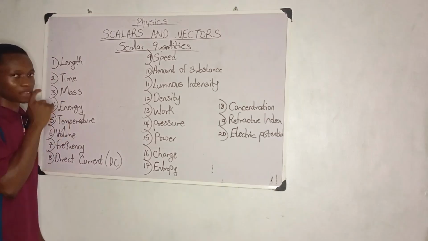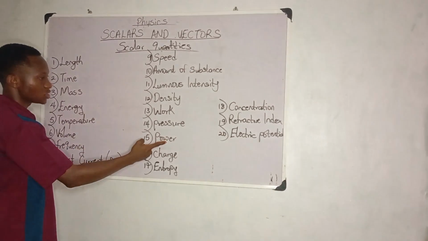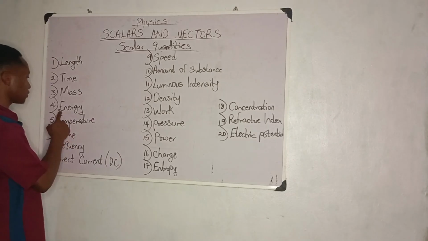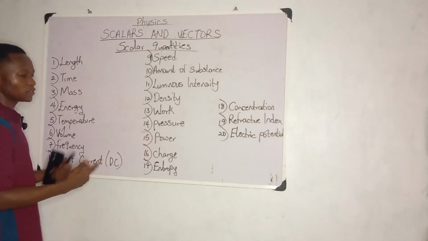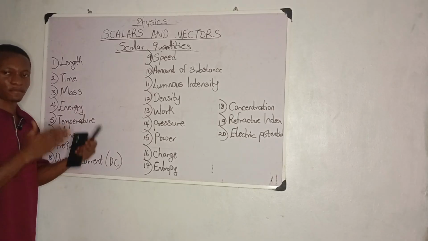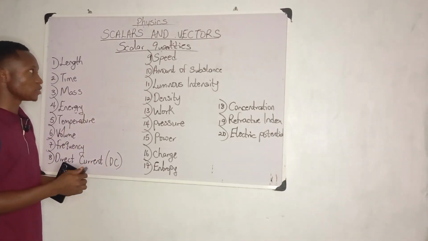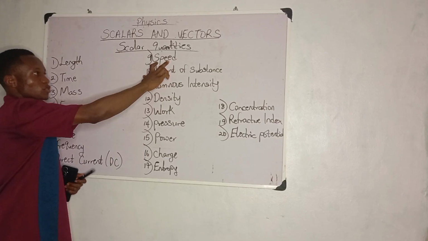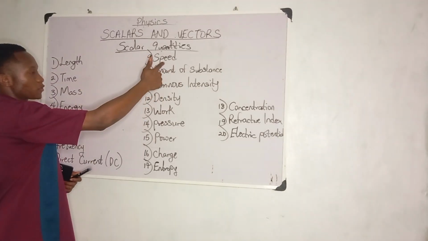Now, some other thing again I want to say is this: apart from energy, work and power, any other thing that doesn't have force is actually meant to be under the scalar quantity. What do I mean by that? Look at the definition for speed. Even from the formula, there is no force in the formula for speed.